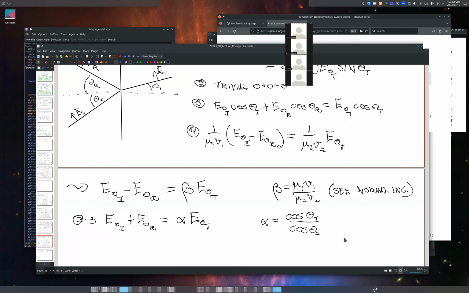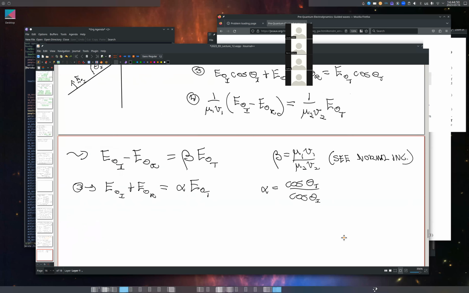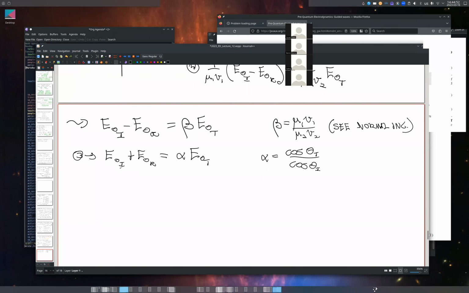So that's it. We can now solve this system of equations here like we did before to express the reflected and the transmitted amplitudes in terms of the incident ones.